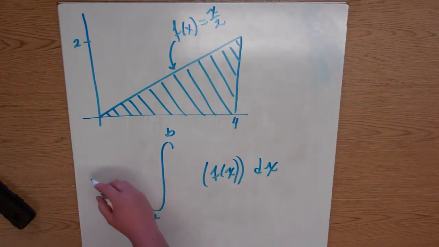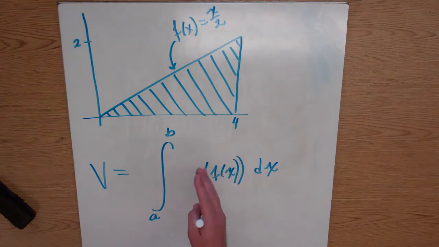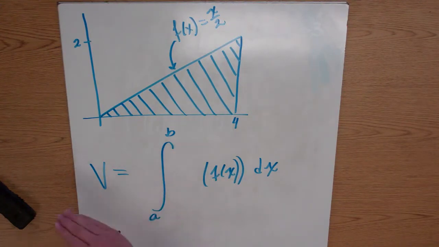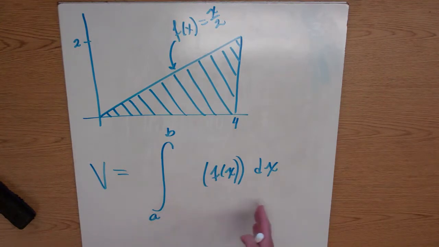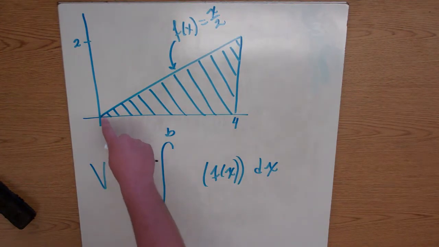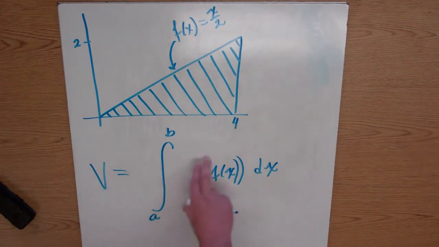But now we want volume. So how do we have to modify this? Well, if you remember, all those little circles are going to all add up. Basically, when we integrate this, it's like if you did little tiny rectangles instead of circles. This is basically adding up all those little tiny rectangles.